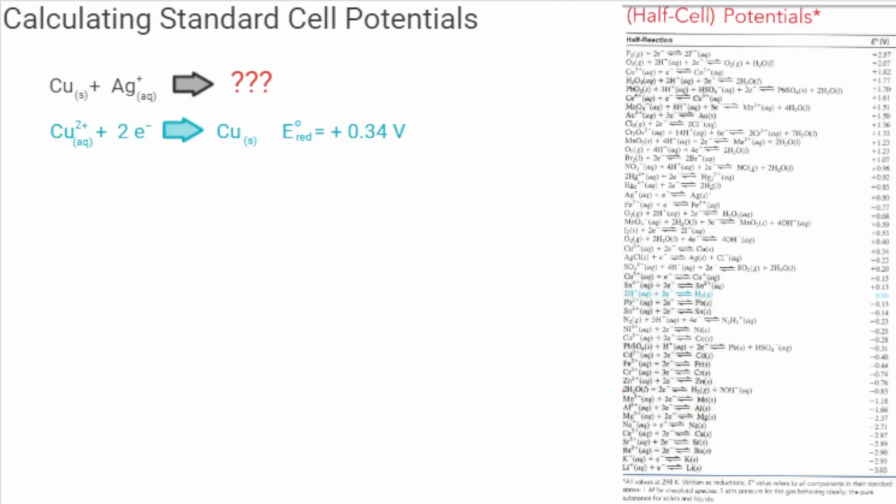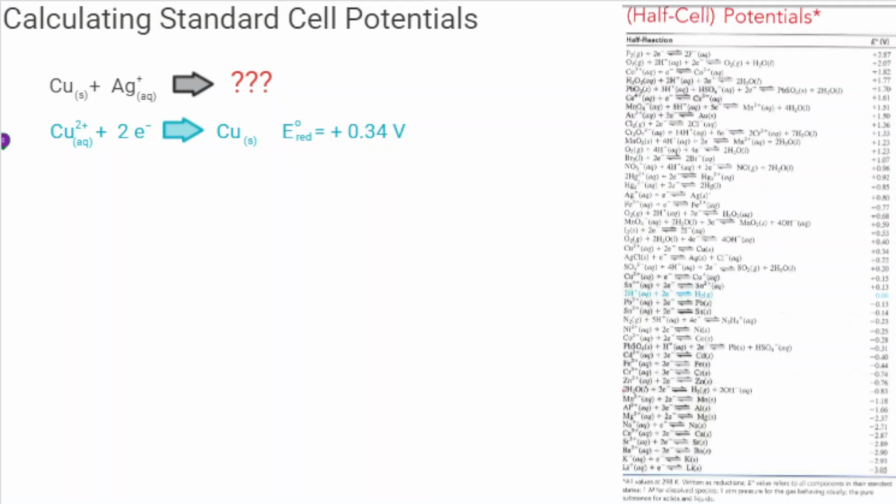In that half reaction, we have copper 2 plus plus 2 electrons, yielding copper solid with a standard reduction potential of positive 0.34 volts. Now, one of the things we have to address is that we have copper solid in our reactants, but in the half reaction, it's in our products. So we need to change that around, and we can do that by flipping the reaction.